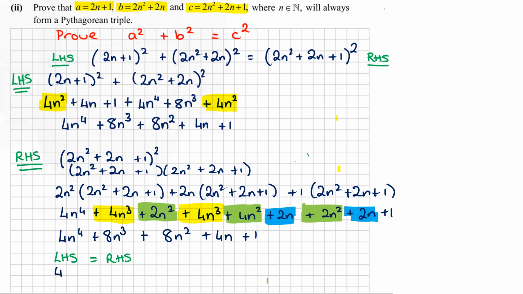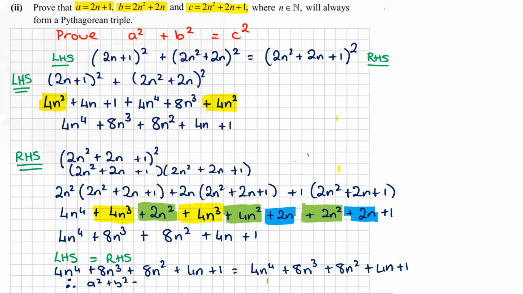So bringing back the left hand side equals the right hand side. So we have 4n to the power of 4 plus 8n to the power of 3 plus 8n squared plus 4n plus 1, and that equals 4n to the power of 4 plus 8n to the power of 3 plus 8n squared plus 4n plus 1. Okay, so therefore a squared plus b squared does equal c squared.